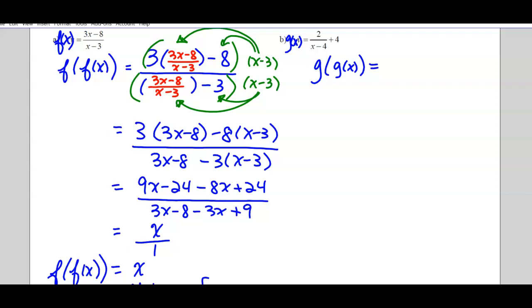Part of being good at math is actually just having good attention to detail. You don't want to miss a bracket, miss a term, miss a plus, whatever. So that's kind of why sometimes I just set out the original function, and instead of the x, I put brackets. Because now I'm going to take what's in there, which is g of x, and put it in here. Well, g of x is that whole thing.